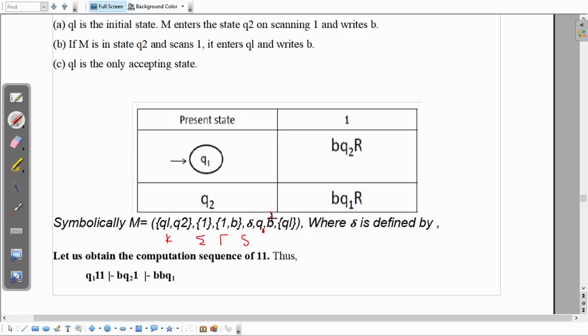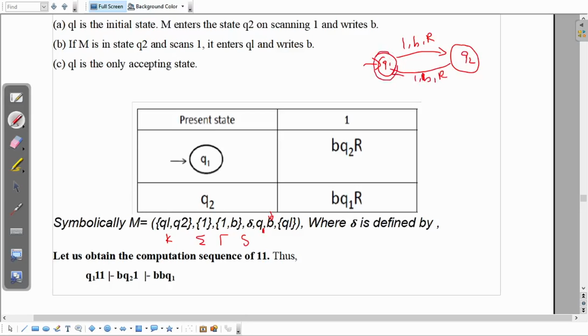Then the replacement character, that is B blank, and then the final state. So this blank character is B, and here is the final state. So this is what the tuples are. Let's understand the transition table. As you all know, this was the Turing machine: 1 comma B comma R, and it goes to Q2, and again comes back to Q1 after reading 1.